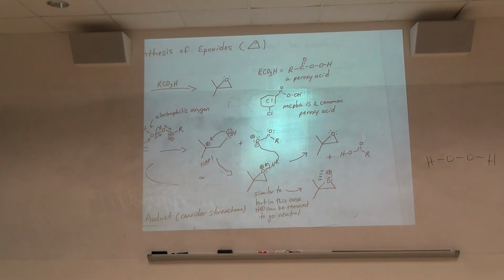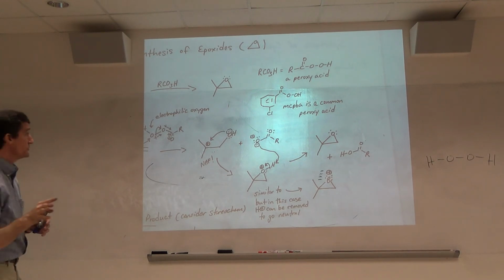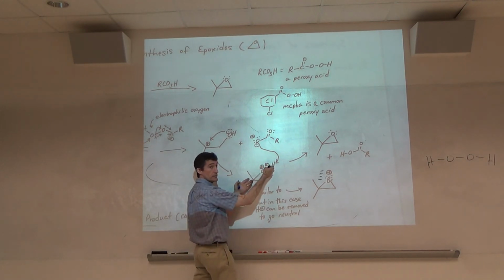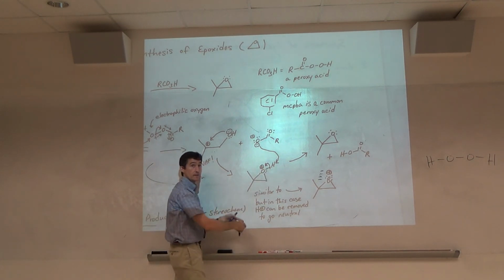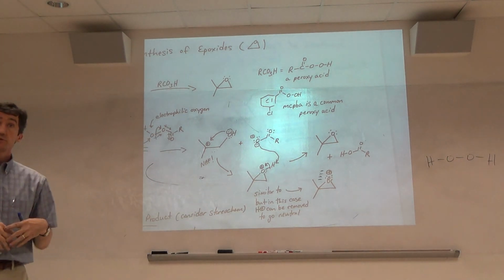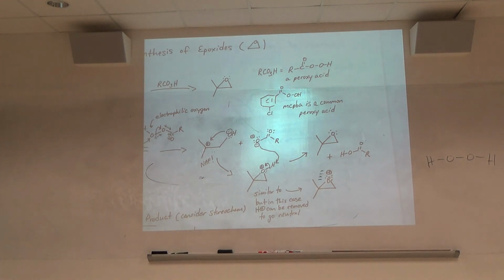Called an epoxide. You see the similarities to the bromonium ion? Now in organic 2, you may be wondering, can we attack here and open this up? You can. But we're not going to do any of that chemistry here. We do chemistry of epoxides in organic 2. Right now we're just making them.